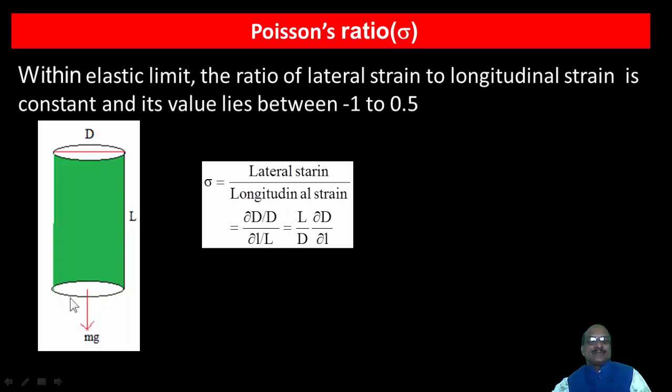At the same time, there is a change in diameter of the tube. So the Poisson's ratio is defined as sigma equal to the ratio of lateral strain to longitudinal strain.